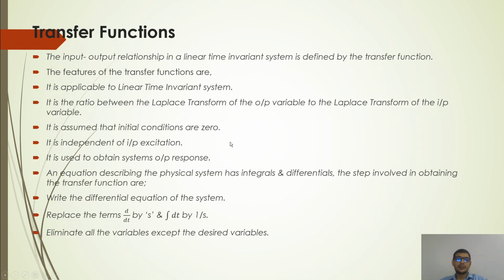Now, the transfer function. What exactly is the transfer function? According to my previous lecture, any system must have an input, must have a controller, then must have some output. Whether it has a feedback or not depends upon the type of the system.